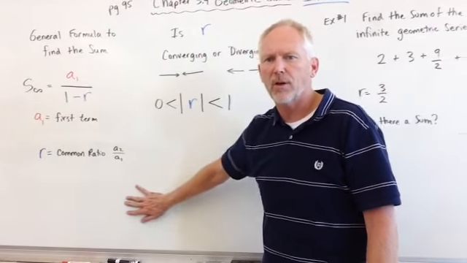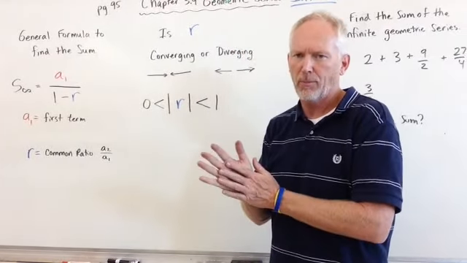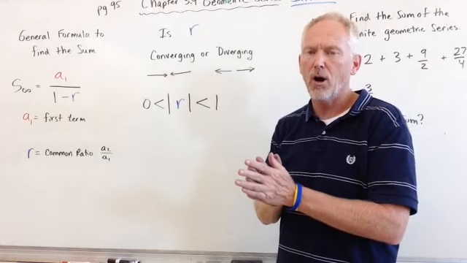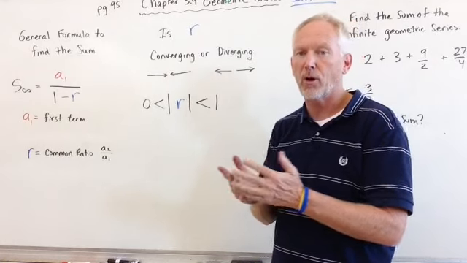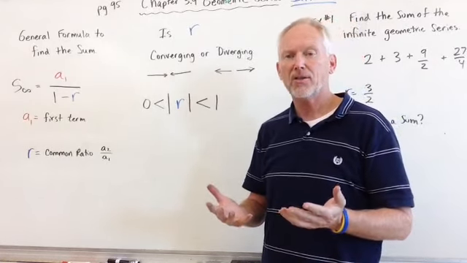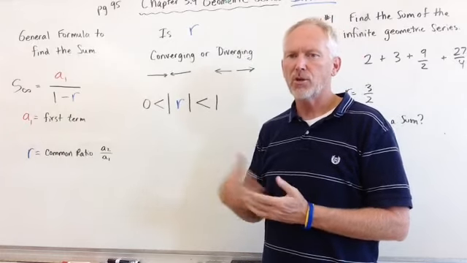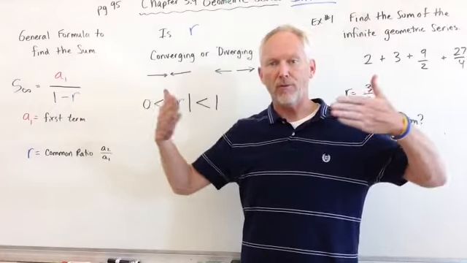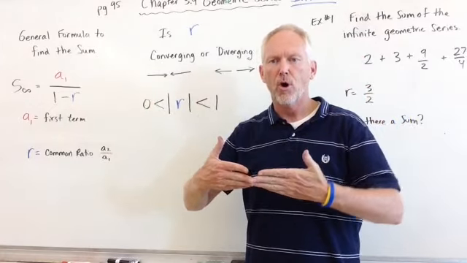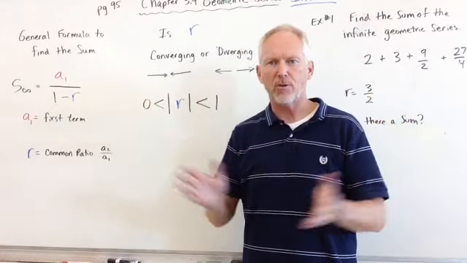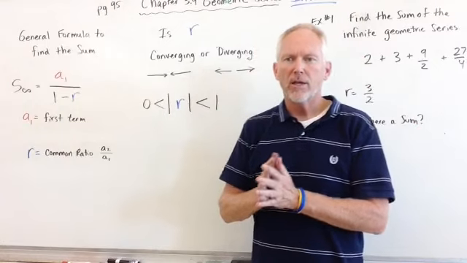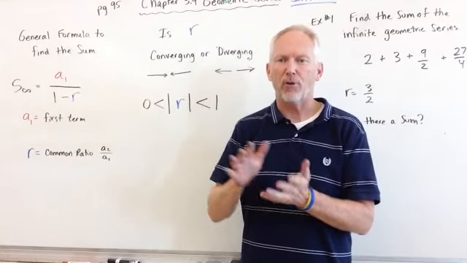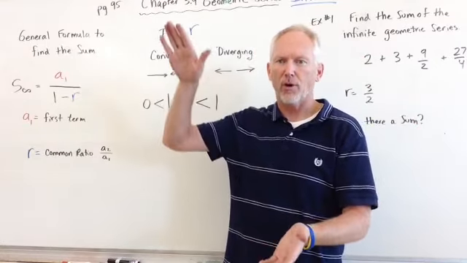All right, so we have some things to consider with r, because r really determines whether we are going to have a sum or not. Two things we want to consider: does the series converge to a certain value, or does it diverge? If we diverge, we're getting farther and farther apart.